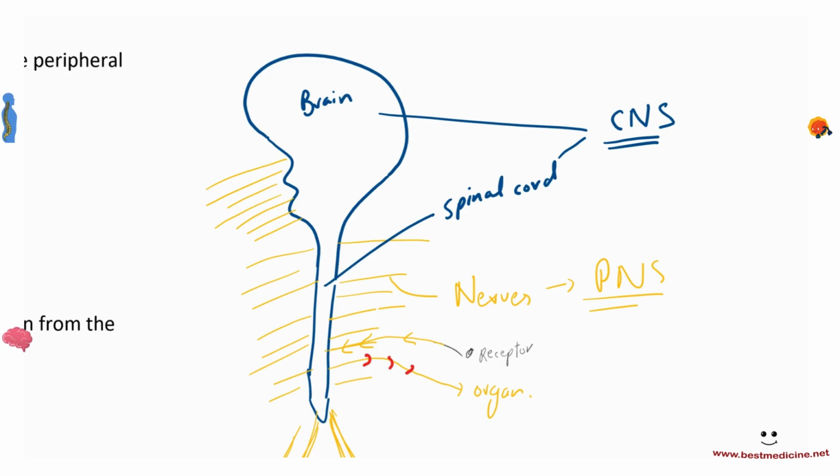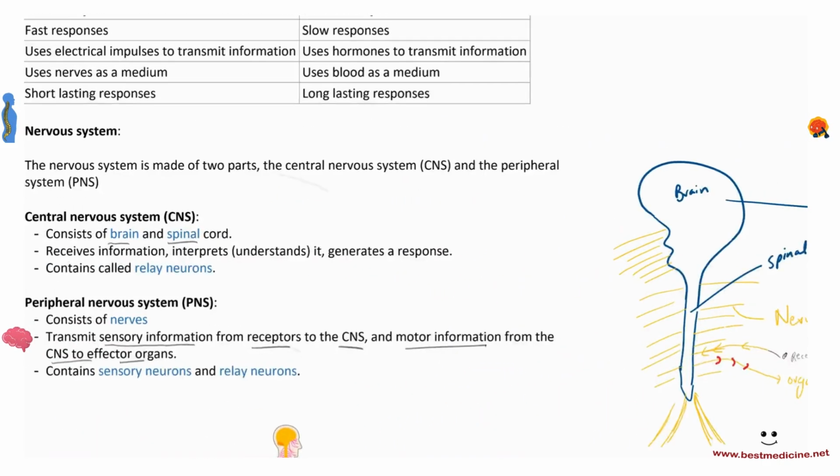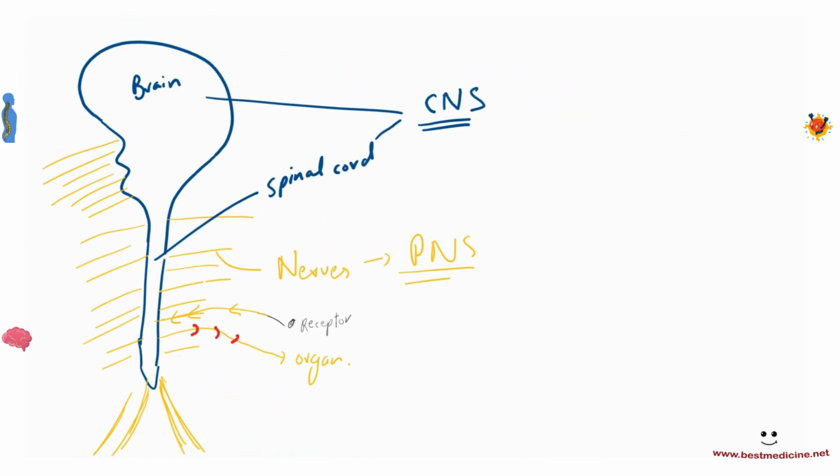And because electricity travels really, really fast, the information travels quickly and essentially the effects of the nervous system are also really quick. Very quick responses in the nervous system. Another thing about the nervous system is that its responses usually are short-term, okay? Short-term responses.